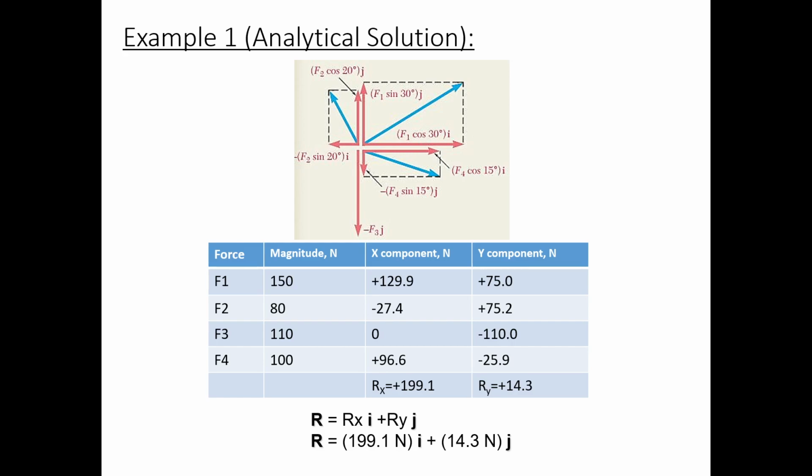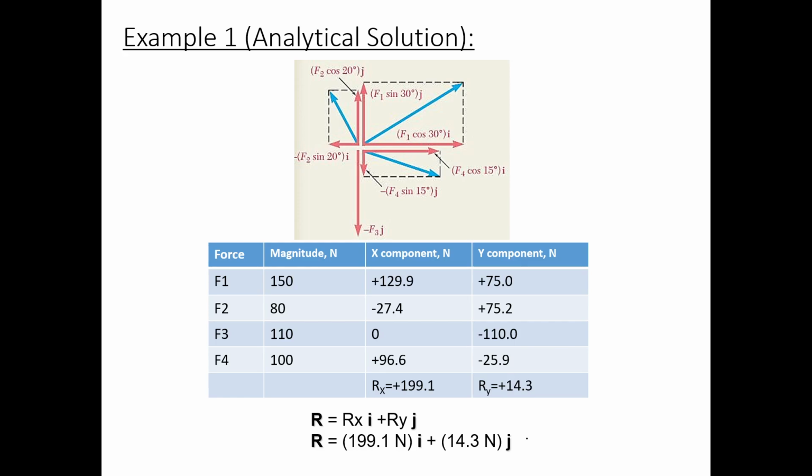So again, if we try to break down the components, this one is a summarized version. Don't be confused with the i and j. In vector terms, i is the horizontal direction, j is the vertical direction.